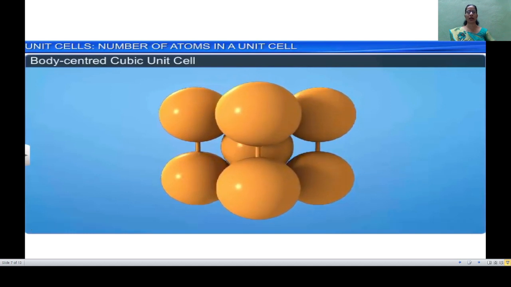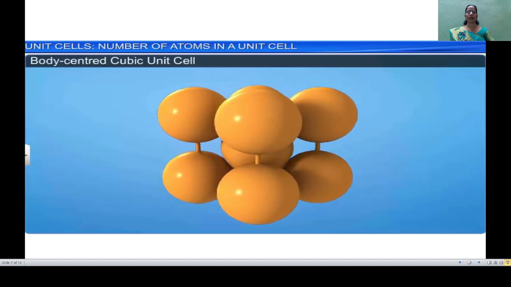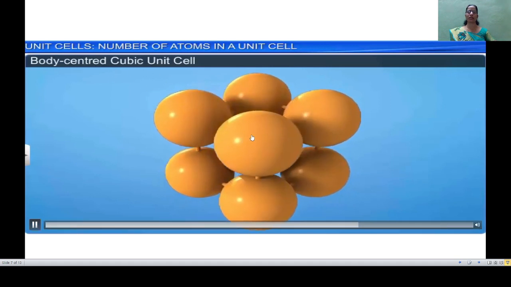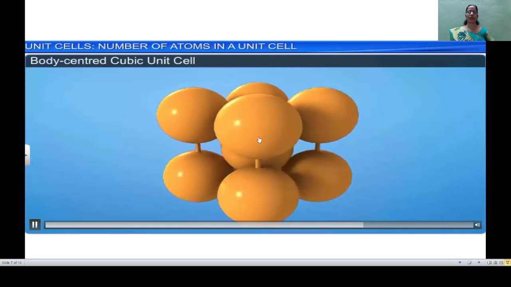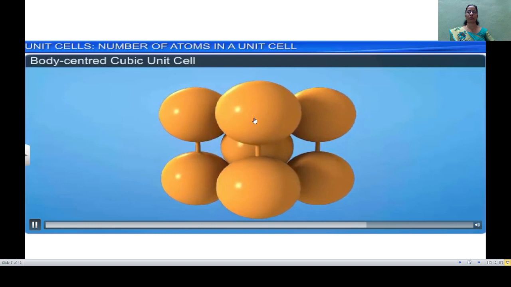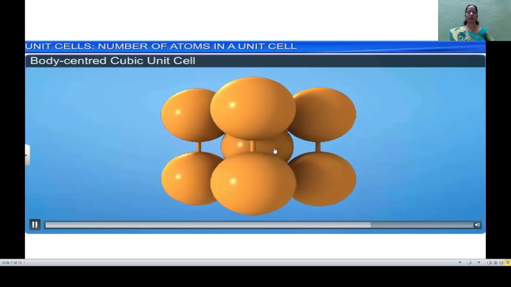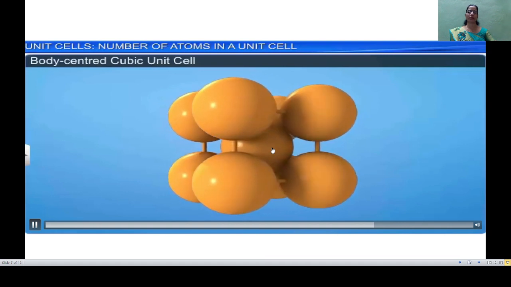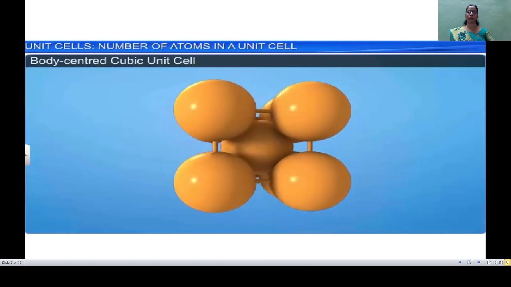Therefore, we can easily calculate the number of atoms or particles in this unit cell by using the formula: 1 divided by 8 into number of particles at the corners plus 1 into number of particles at the center of body of that cube.